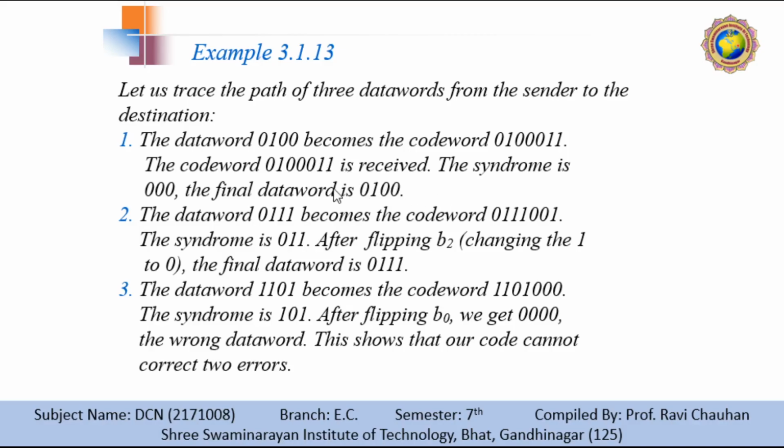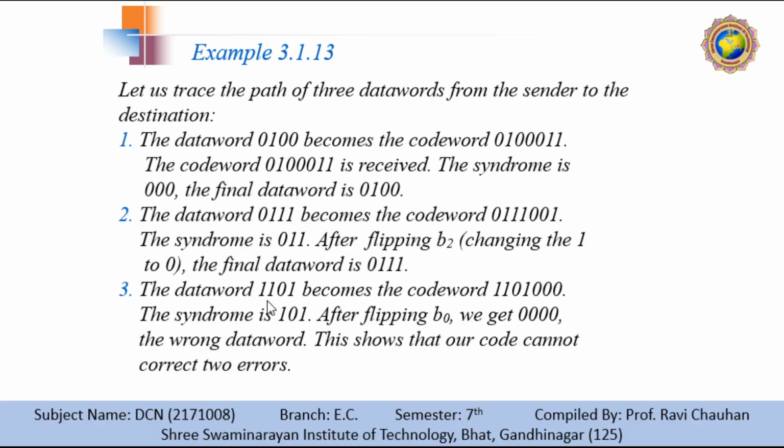The same data word is received. Second, the data word 0111 becomes a code word, and the syndrome will be 011. After flipping B2, changing 1 to 0, the final data word is 0111.